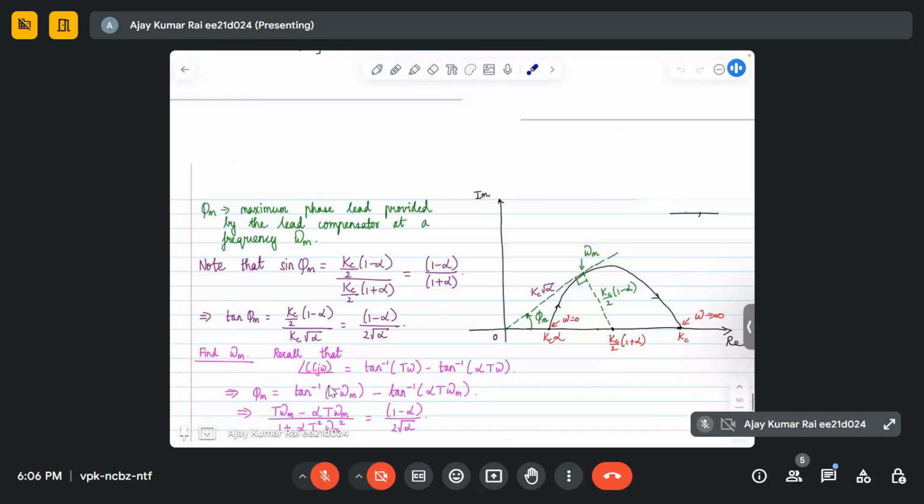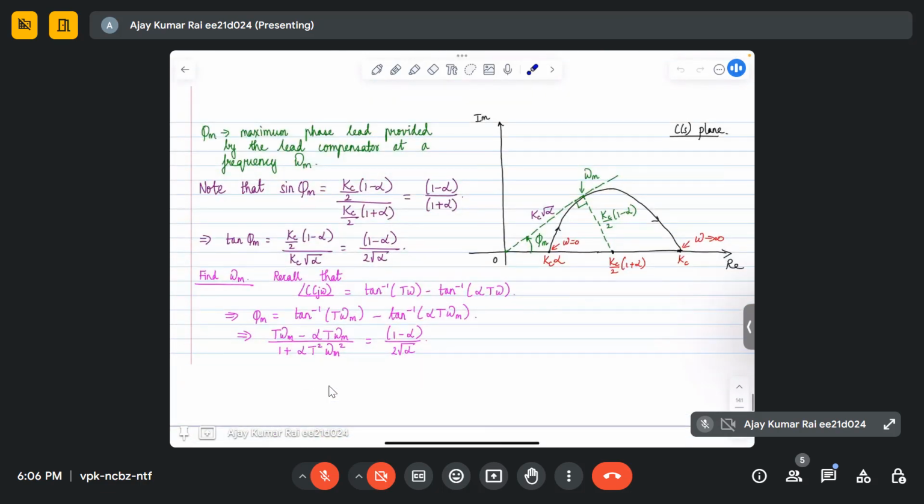And we have drawn the Nyquist plot. From the Nyquist plot, we get a very important term, that is maximum phase. Where we are getting maximum phase, we have to remember this formula, right? This is derived by seeing the Nyquist plot: tan phi m equals 1 minus alpha divided by 2 root alpha.